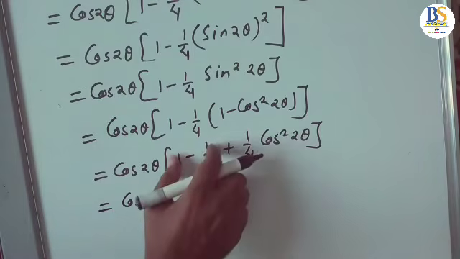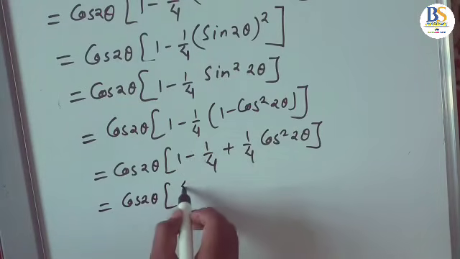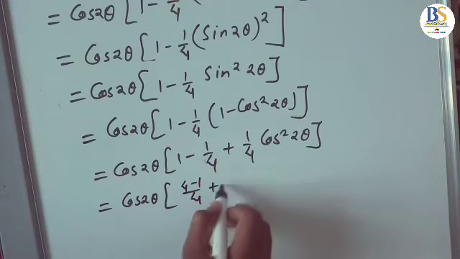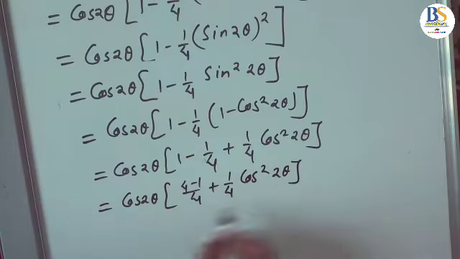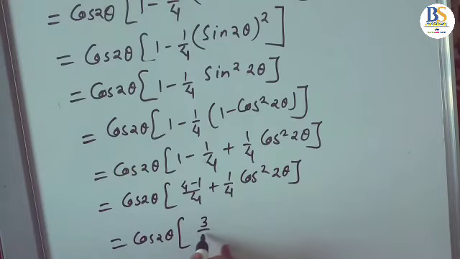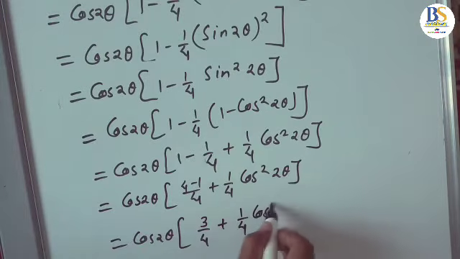Then by taking LCM between these two terms we can write 4 minus 1 upon 4 plus 1 upon 4 cos square 2 theta. Then cos 2 theta times 3 upon 4 plus 1 upon 4 cos square 2 theta.